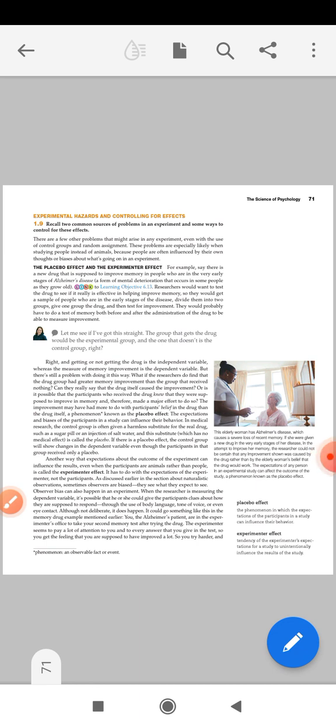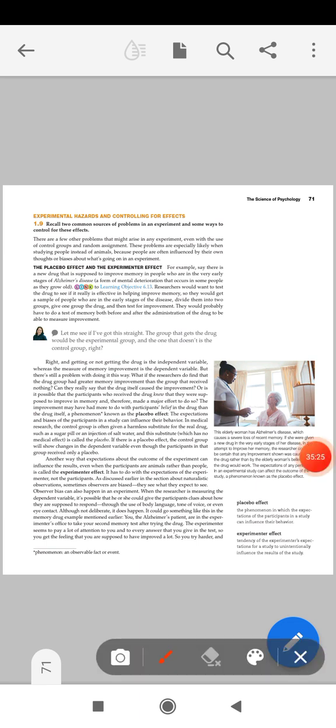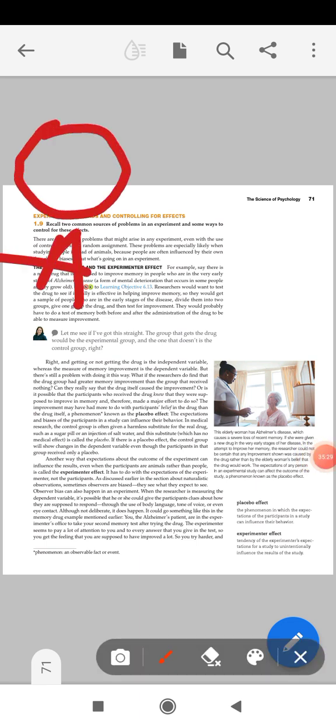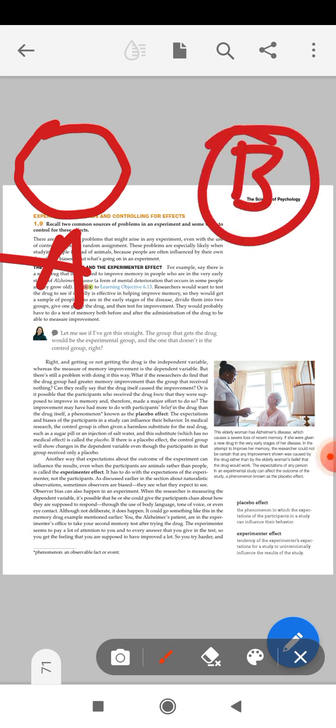One is group A and one is group B. To group A we have given a drug which can boost memory, and to group B we have not given anything.